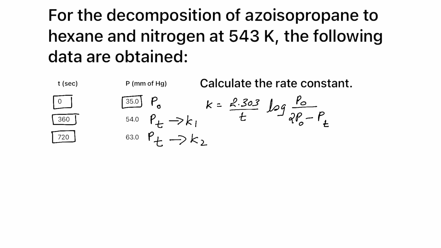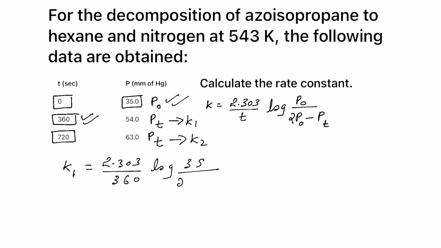Okay, so we can find K1 first. What is the equation? 2.303 by t. What is the t here? 360. Correct? Log P0 value is always what? 35 by 2 times 35 minus what is the Pt value? That is 54. Clear?